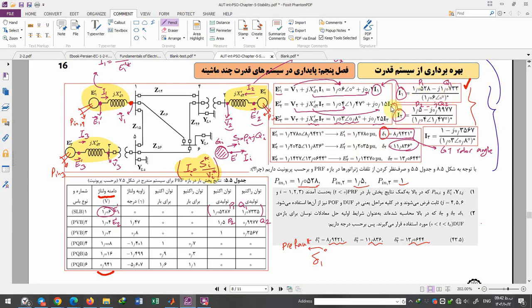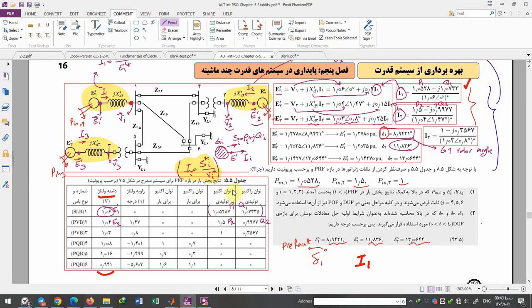According to the main course we taught before, the current, or injected current, of each generator-based bus, for example I1, I2, I3, these three buses are generation-based buses, and its result is here.